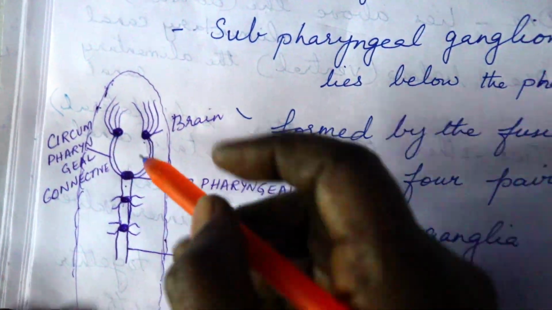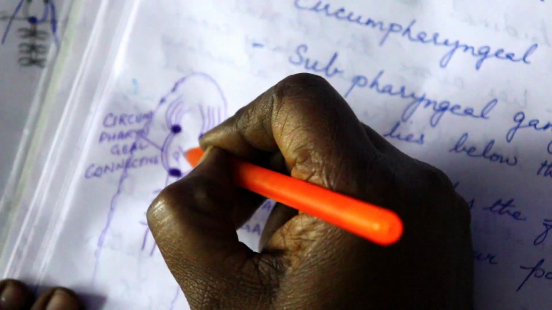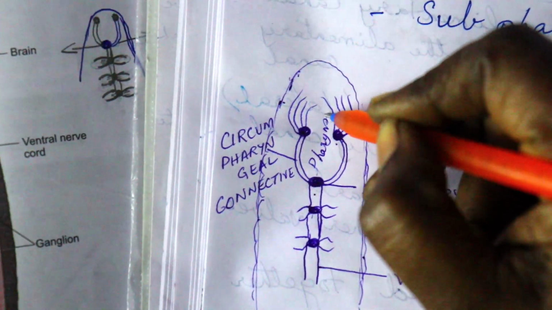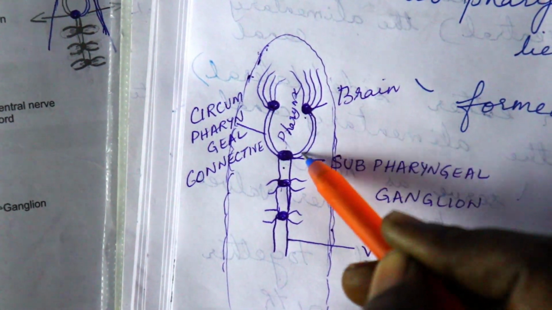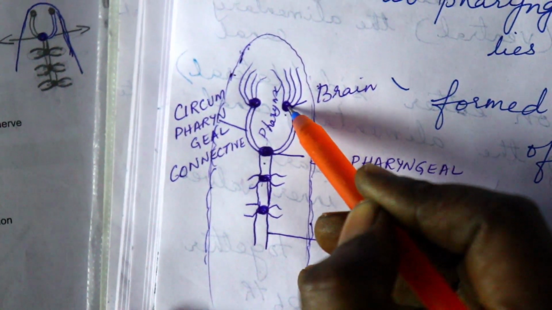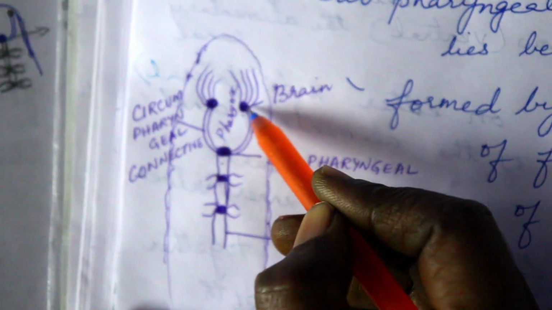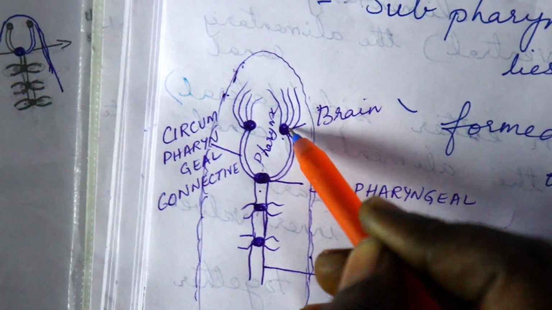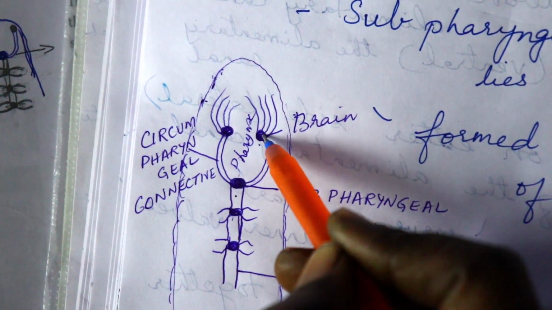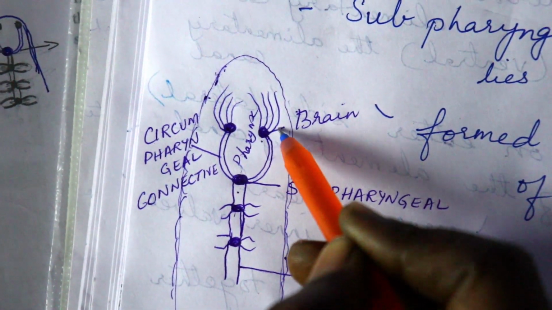Come here, this is the brain. Actually this region is the pharynx, ஓகேவா? Pharynx சுத்தி இருக்கிறதுதான் nerve ring. Now this is the brain, and the brain is present above the pharynx. That is why it is called suprapharyngeal.